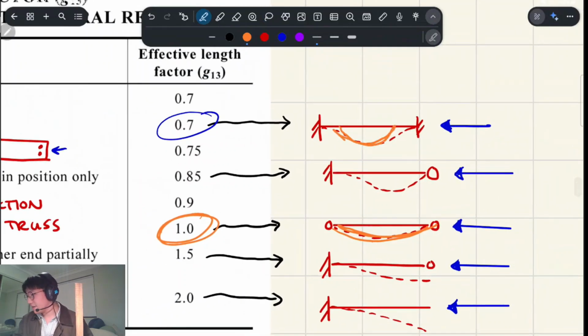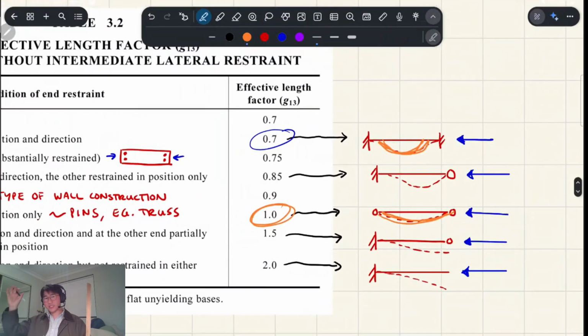So what we're saying is, let's say I have a member that's pinned, and it can freely rotate about where my hands are when I'm bending. That would be like having an effective length factor of 1.